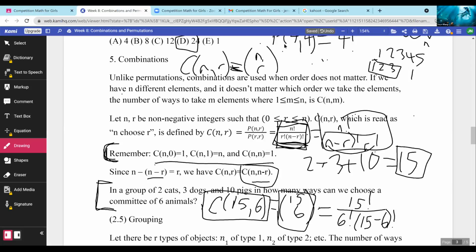So you get 15 times 14 times 13 times 12 times 11 times 10, and all the way to times 7, and then that is over 9 factorial. And then you can cancel, I think. Yeah. You can keep on canceling until you get the answer. That's good. Very good job.